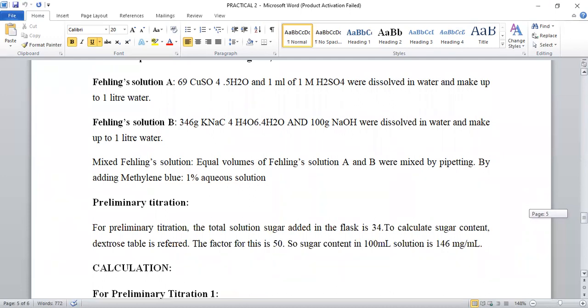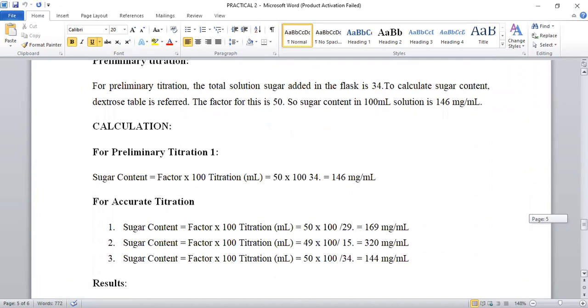Firstly, we will see how to do the preliminary titration. For preliminary titration, the total sugar solution added in the flask will be 34, and to calculate sugar content, dextrose is used. The factor for this is 50. So the sugar content in 100 milliliters of solution will be 146 milligrams per milliliter from the calculations.